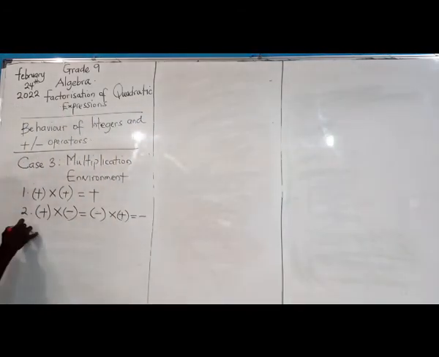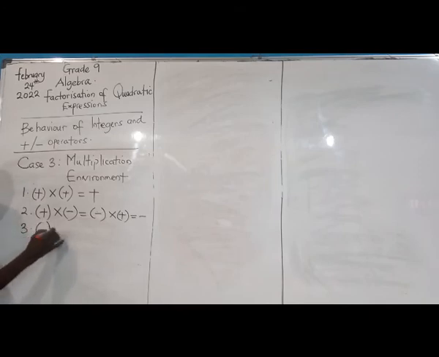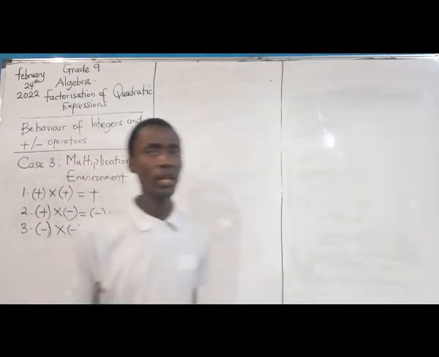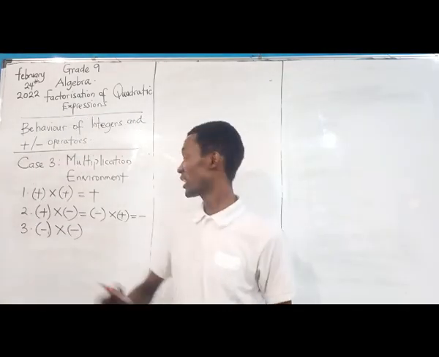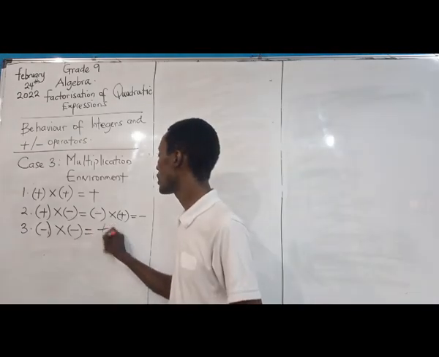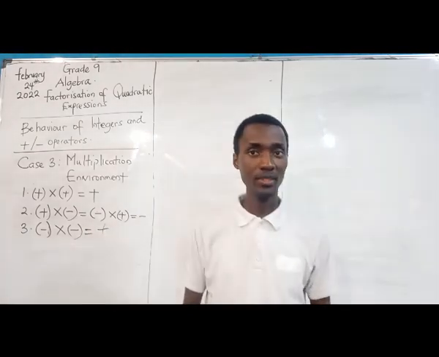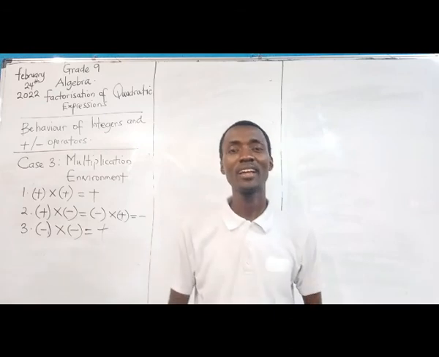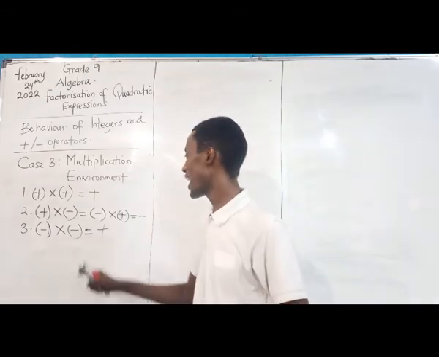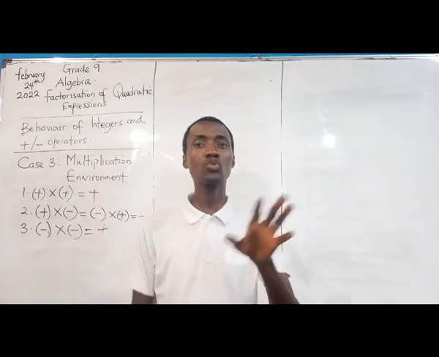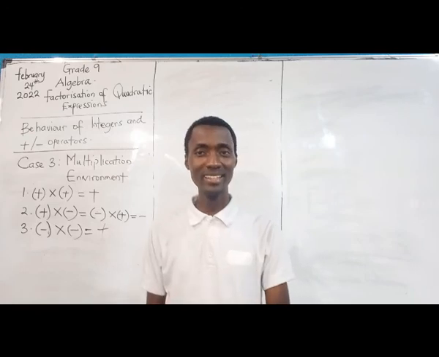So the next one, we have negative multiplied by a negative. Now, anytime you multiply a negative with a negative, your answer must be positive. And this is where I usually wonder how we reconcile this with what they say, that two wrongs cannot make a right.